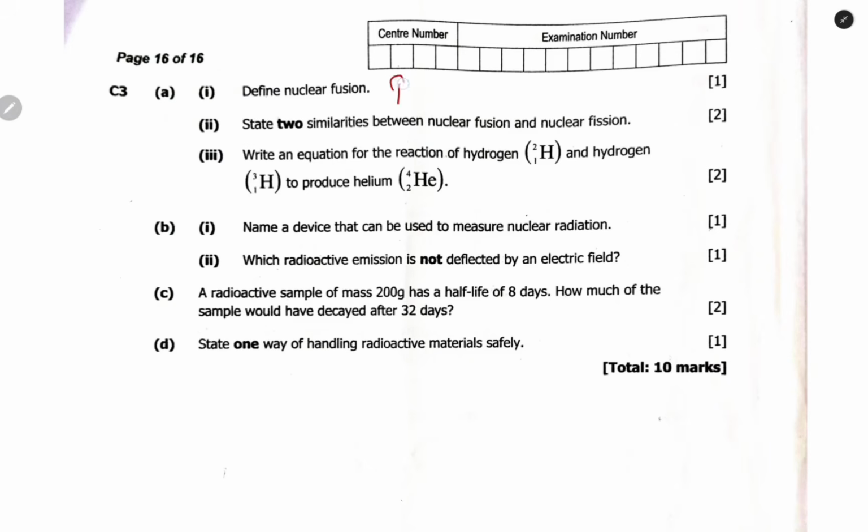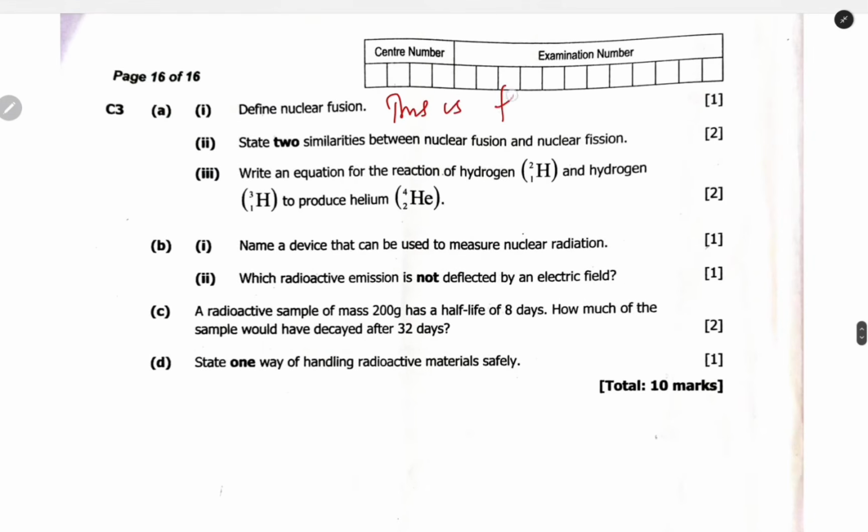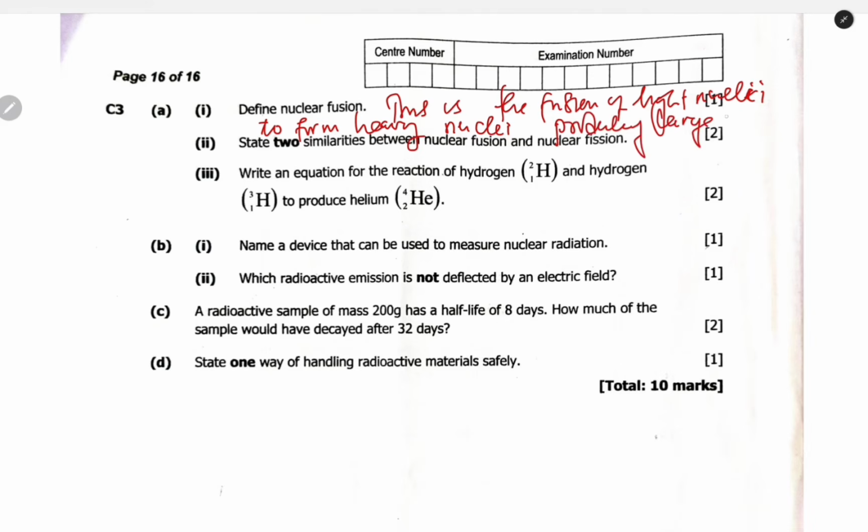So in writing, we can say this is the fusion of light nuclei to form heavy nuclei, producing a large or huge amount of energy in the process.